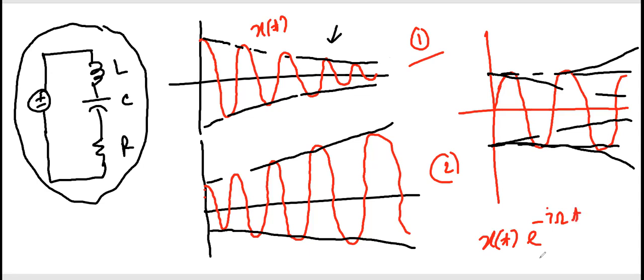And I believe you know what e to the power minus j omega t is. This has two parts, real part cos omega t, imaginary part sin omega t. Then you are multiplying those two, finding the area under the curve, and summing up all those things. That means you are integrating from minus infinity to plus infinity with dt. So you are doing the Fourier transform. This is exactly the Fourier transform of x(t).